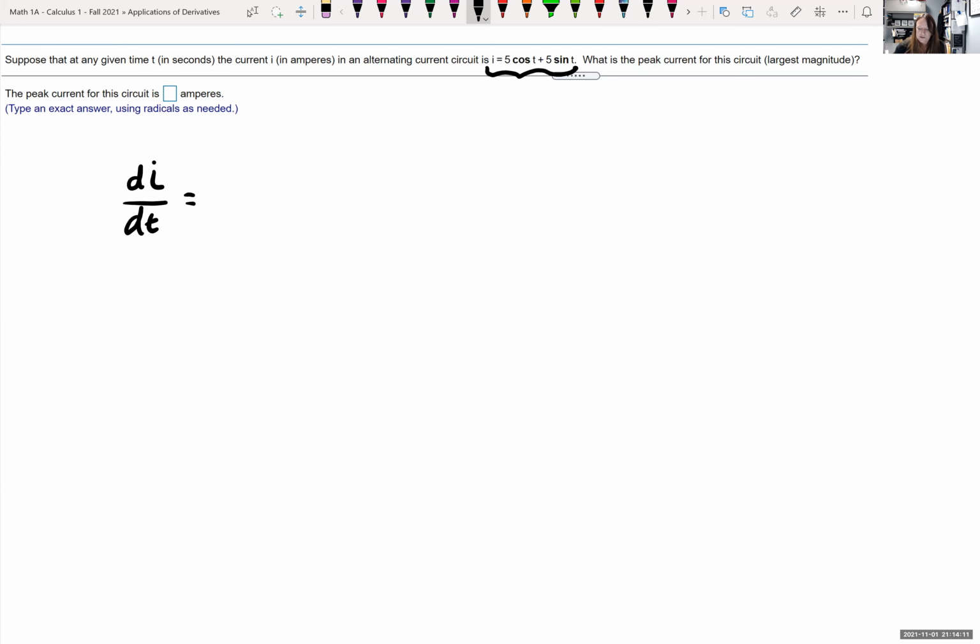So I'm going to call it di dt because we're taking the derivative of I with respect to t. The derivative of 5 cosine t, well, derivative of cosine is negative sine t, so this will be minus 5 sine t, plus the derivative of 5 sine t, which is 5 cosine t.